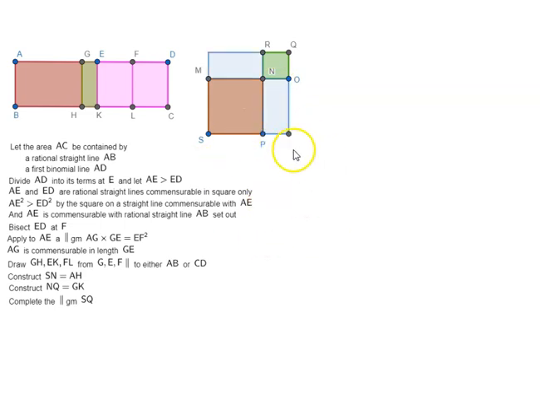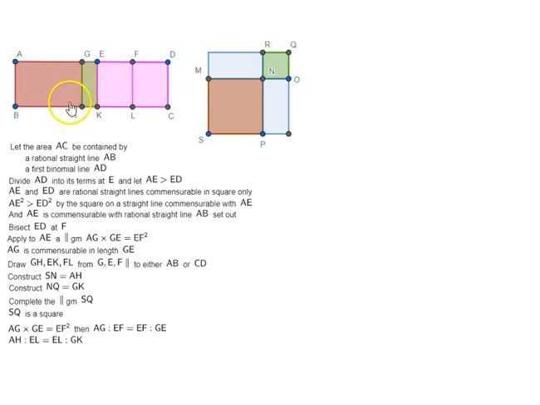As we have seen in the lemma, SQ is a square. AB by GE is equal to EF square, which means AG is to EF as EF is to GE.